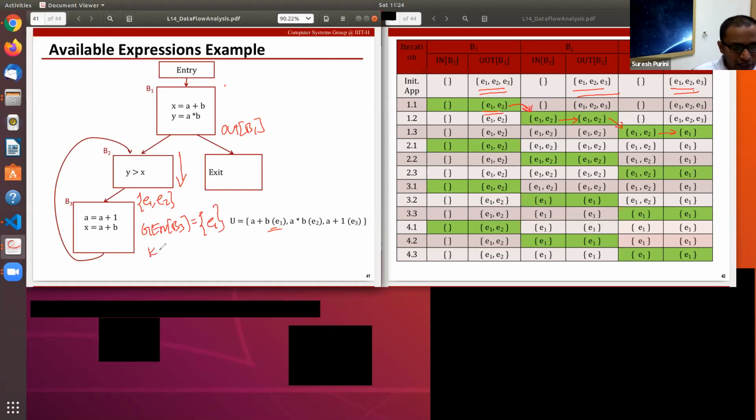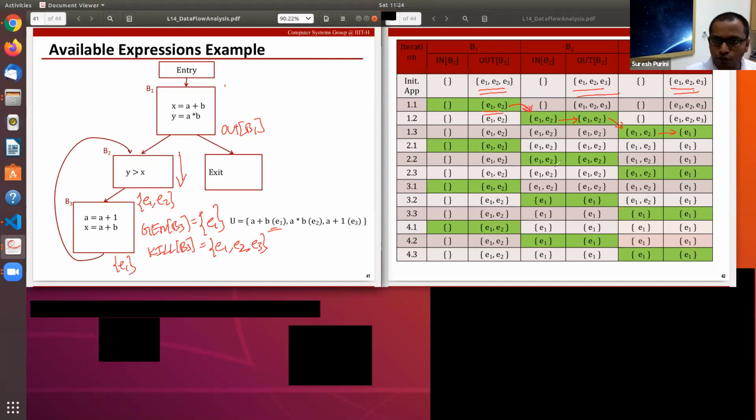And if you look at kill of B3, it actually kills all the expressions, E1, E2, E3. So when we push this in set through this basic block, these E1, E2 expressions get killed, but then the expression E1 gets locally generated. And that's what happens. This is E1.